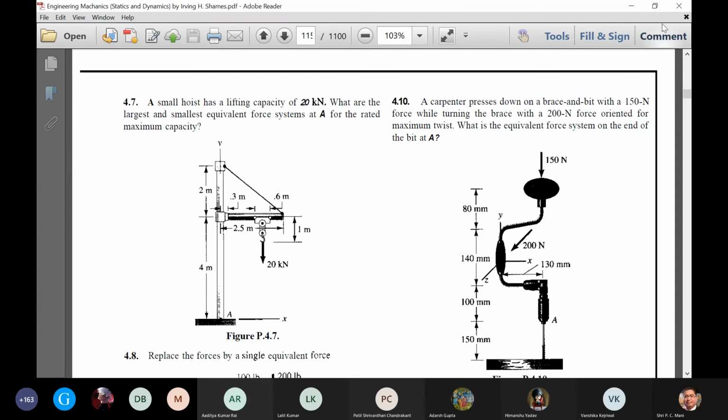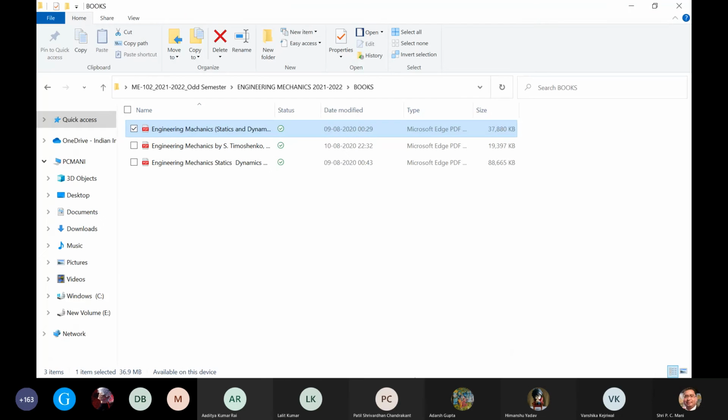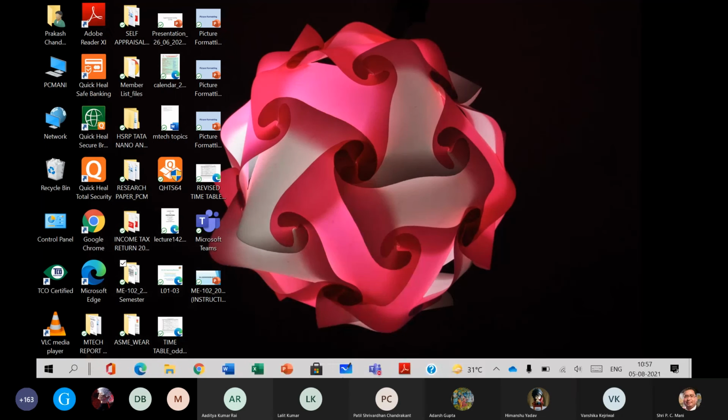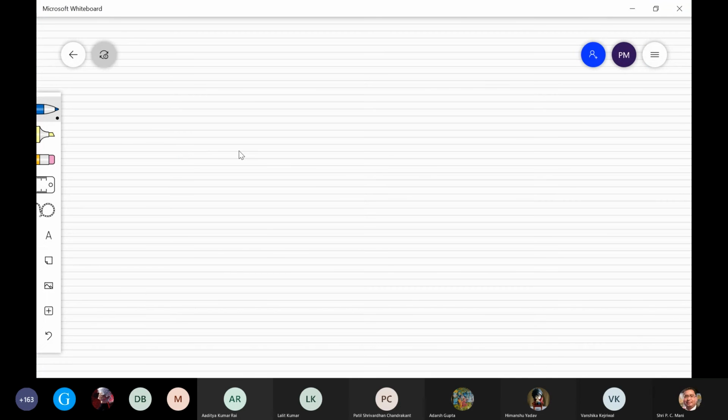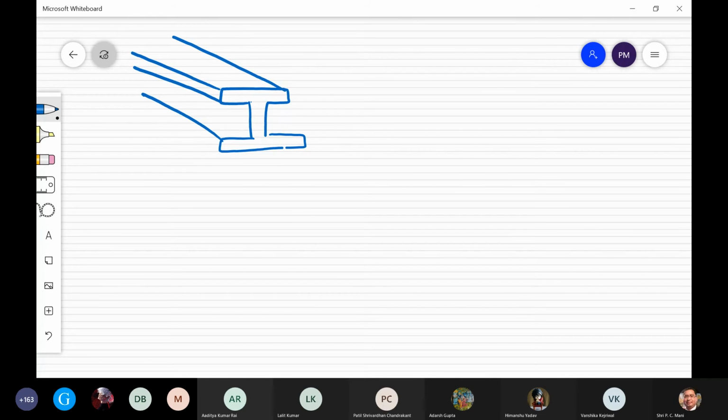I will draw it again and show you. This one is like this. So this is the guide on which this hook is moving.